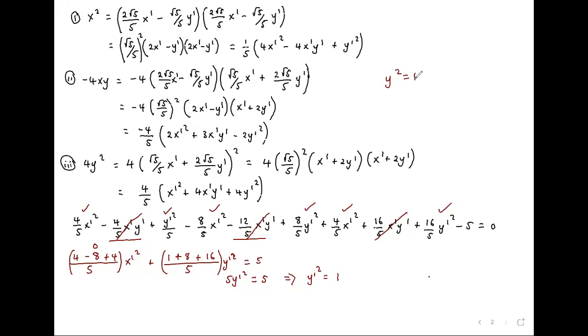Then you put them together. Comes out to y squared is equal to 1. Okay, that's the equation that we have. So I've gotten the equation, except it's prime here.